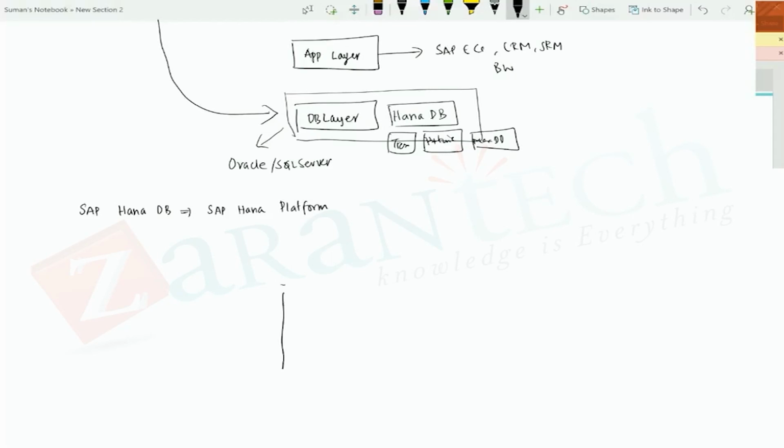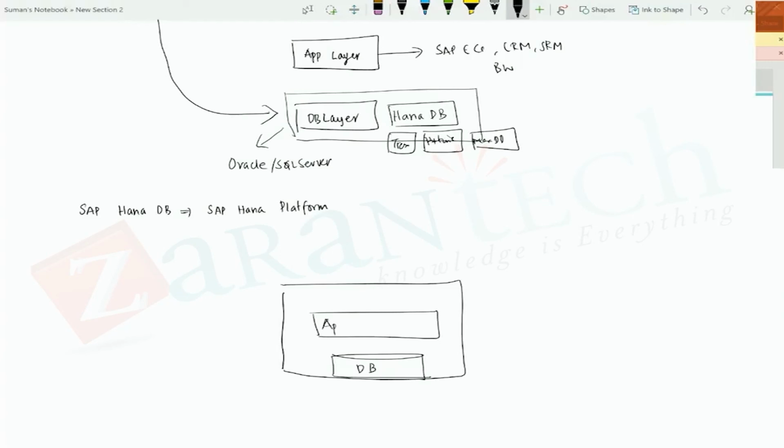What does a platform mean? Now, SAP HANA database originally contained the database capability. But in addition to that, it also brought in an application layer directly within my HANA database. So if I look at my HANA platform, this is my HANA platform.